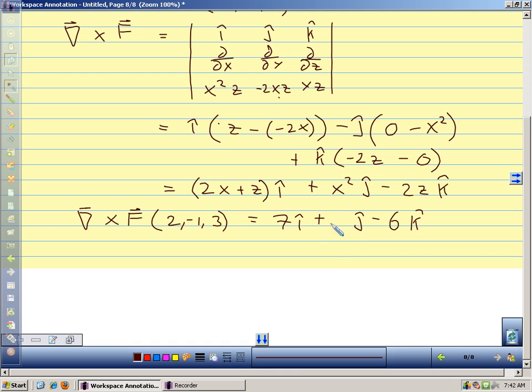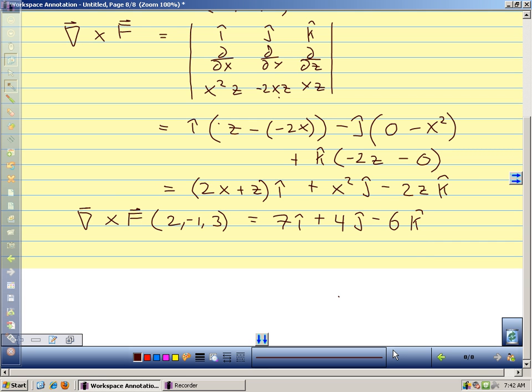And again, just as a guideline, our curl tells us the tendency of this vector field to cause a rotation at this particular point. We'll have a better understanding at the end of the chapter of what that means.